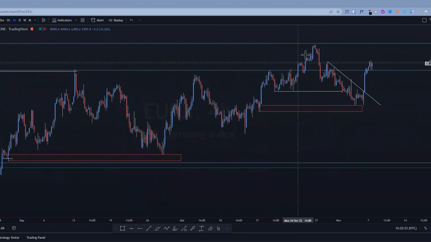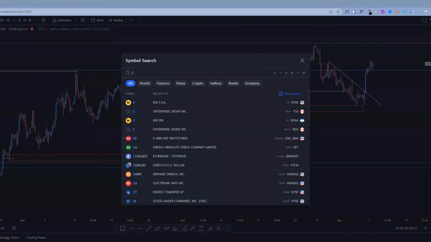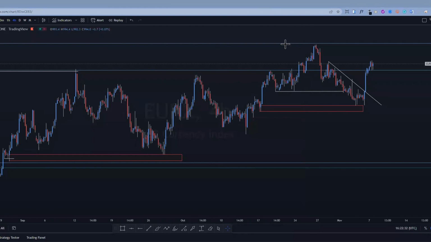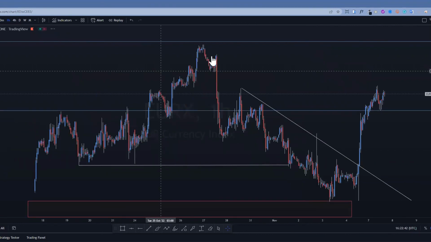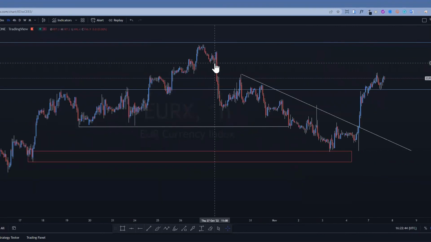So if that's the case, there's no more space for price to go higher at this point. It's a good zone that price reacted, and now it would make sense maybe to look for a short in here.